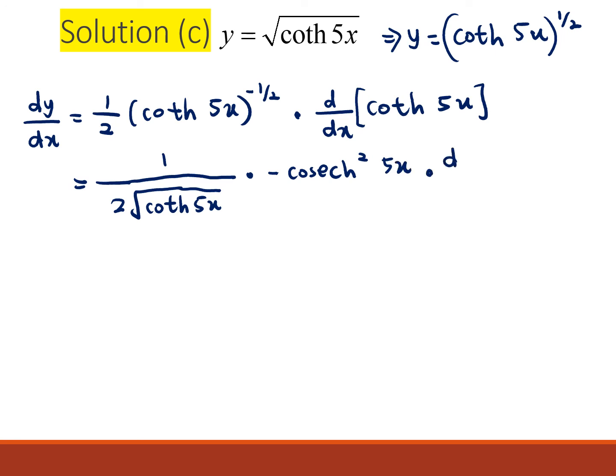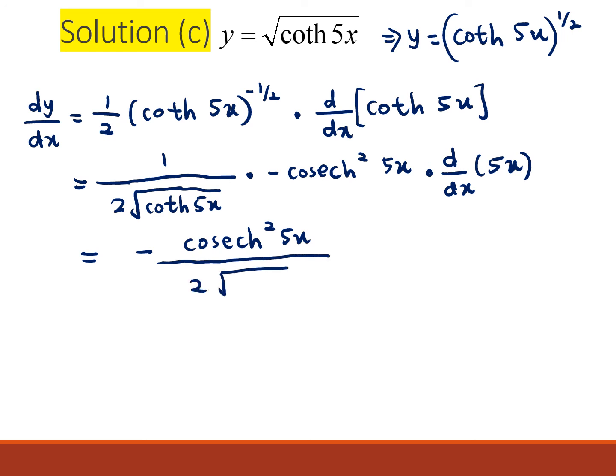And don't forget to differentiate the inside function, which is 5x. So now we have negative of cosecant hyperbolic over 2 times cotangent hyperbolic 5x times the derivative of 5x, which will be 5. So the final answer will be this.